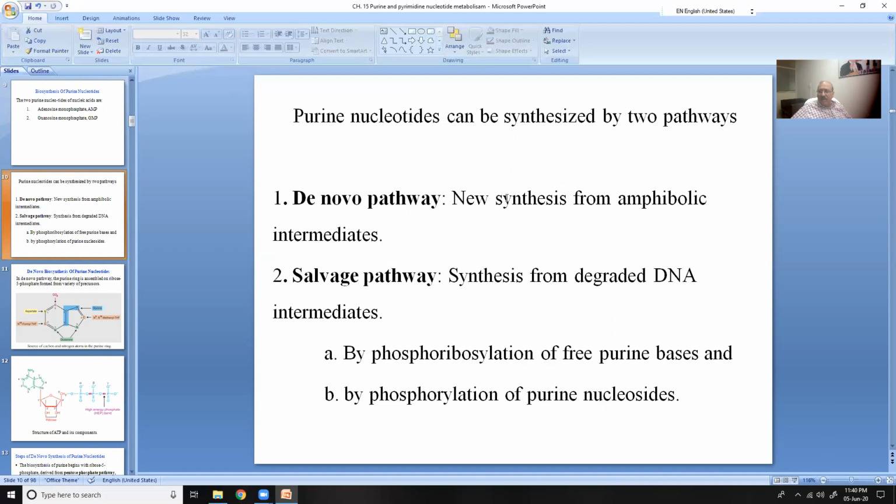Salvage involves ribosylation of free purine bases and phosphorylation of purine nucleotides.